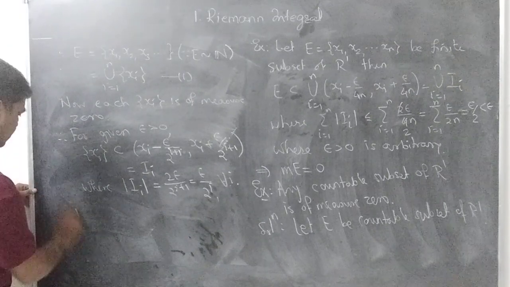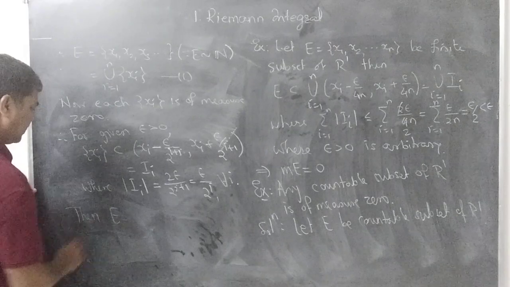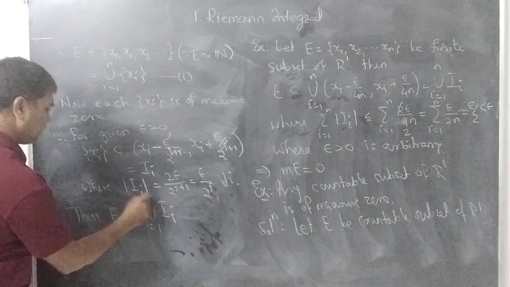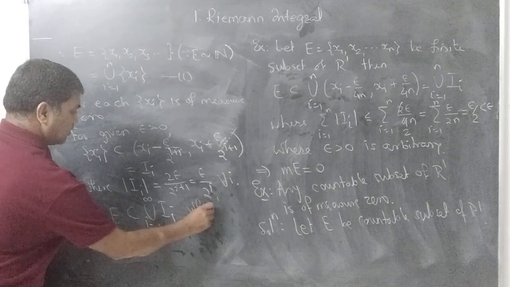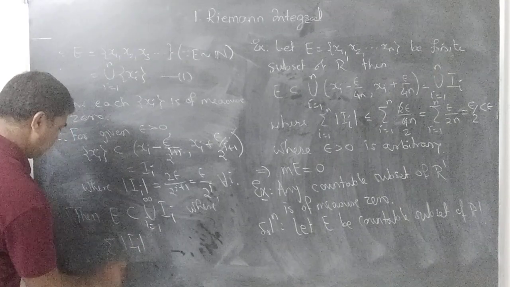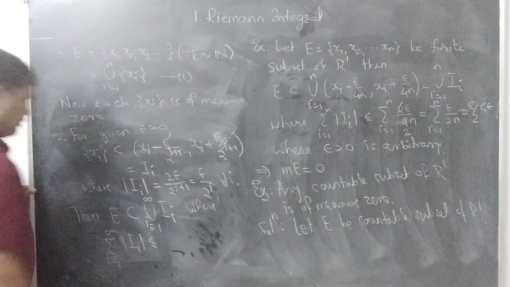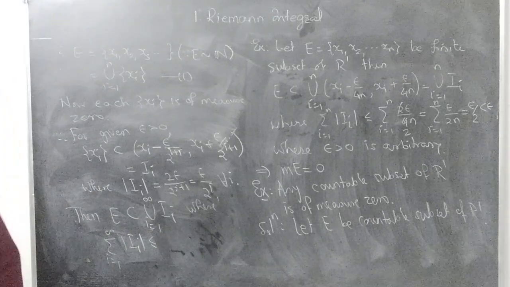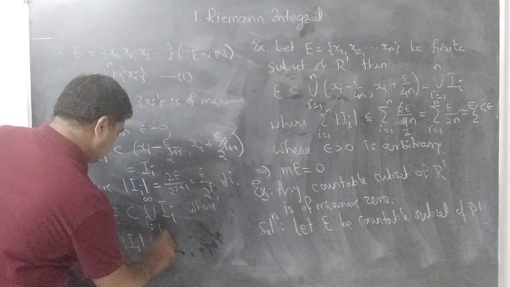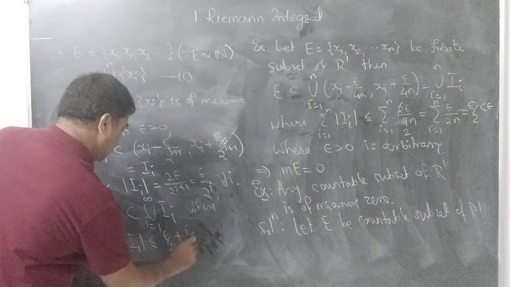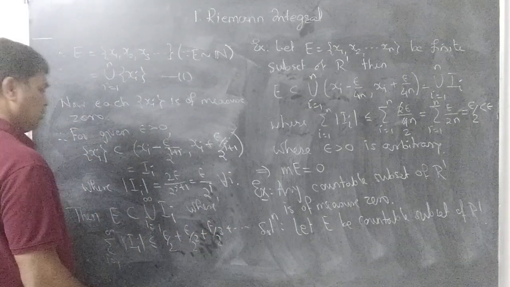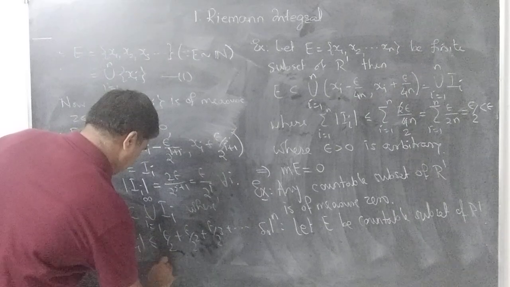Then E is contained in the union of Ii, i equal to 1 to infinity, where the summation of the lengths of Ii is less than or equal to epsilon by 2 plus epsilon by 2 square plus epsilon by 2 cube and so on. So this is a geometric series.